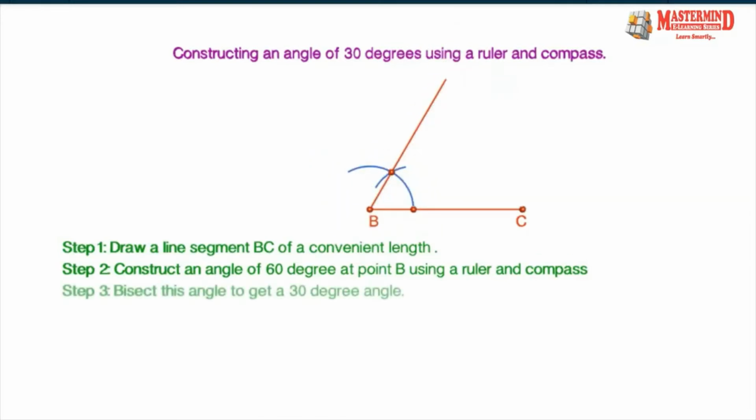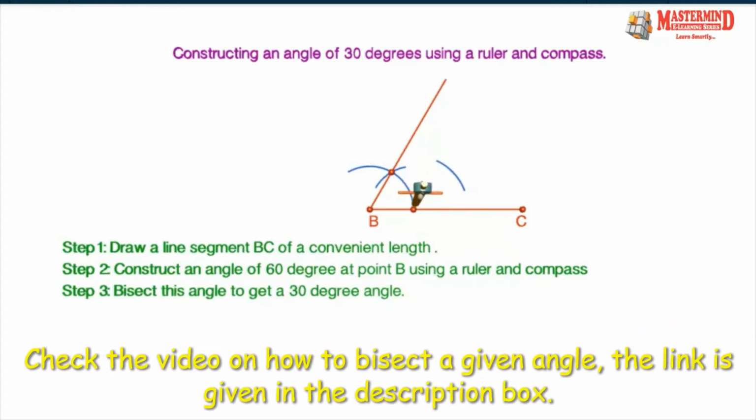Now we bisect this angle to get a 30-degree angle. 30 is halfway between 0 and 60. So to get a 30-degree angle, we need to bisect a 60-degree angle. Now this is the angle bisector that we are drawing.